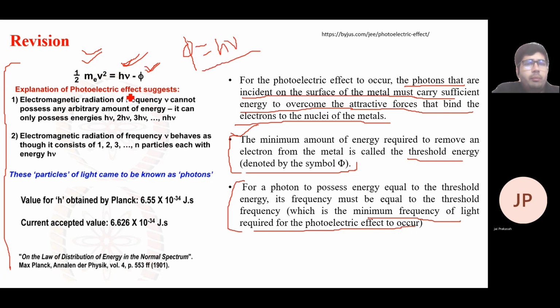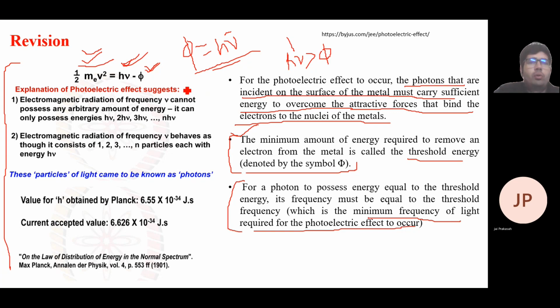Suppose a particular metal requires some particular energy and your incident light has exactly that energy. Then phi and h nu will be equal, so half m v squared will be 0. If h nu is greater than phi, what is the meaning of it? It means that h nu is the energy of the photon.